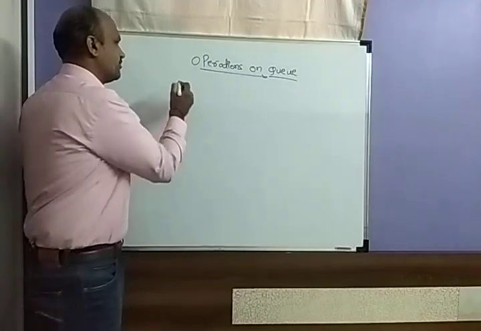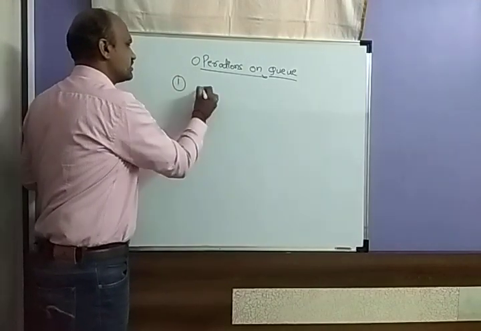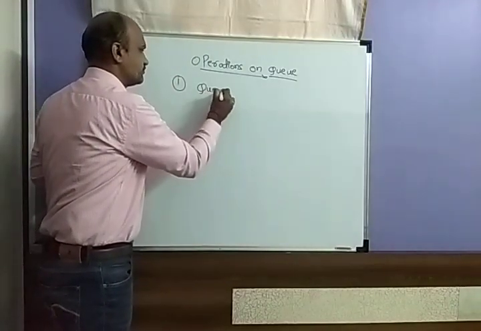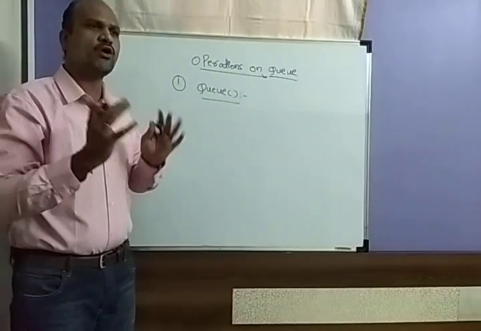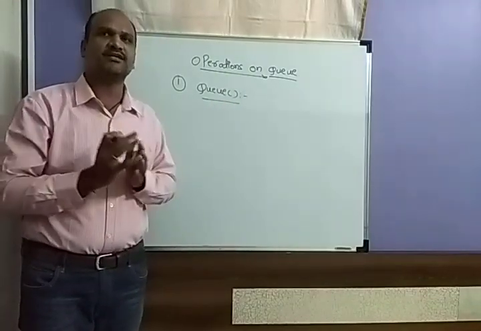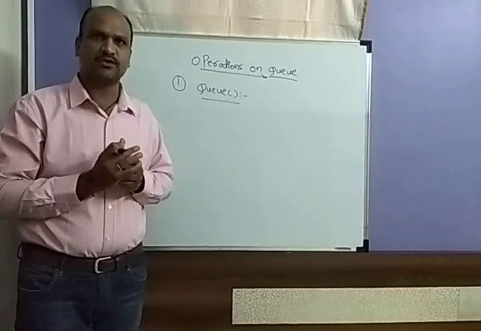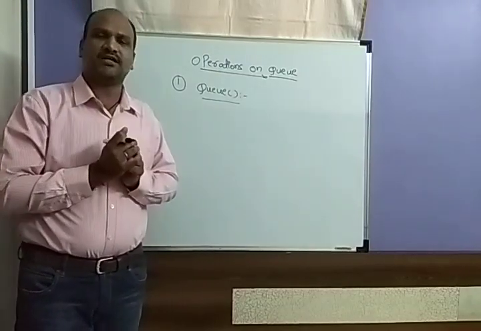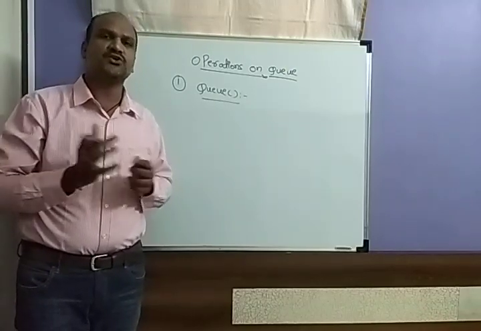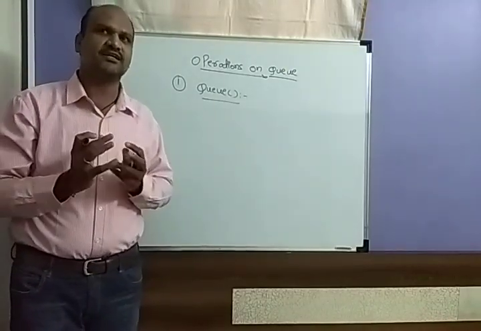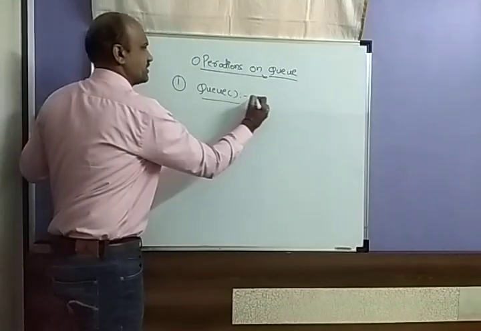In the different operations, the first one is Queue. That is when you create a new queue. If you want to insert any item, you first have to create a new queue. That is creating a new queue.